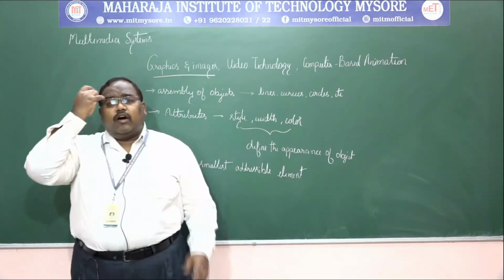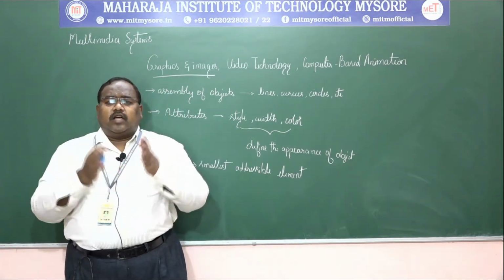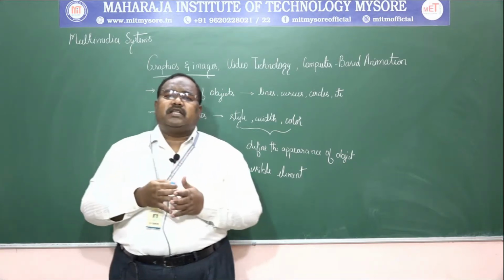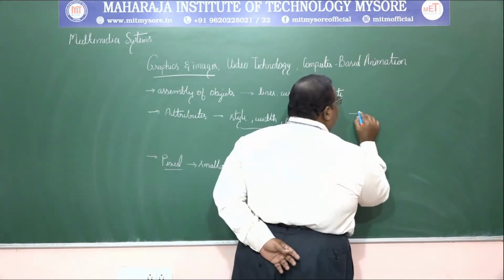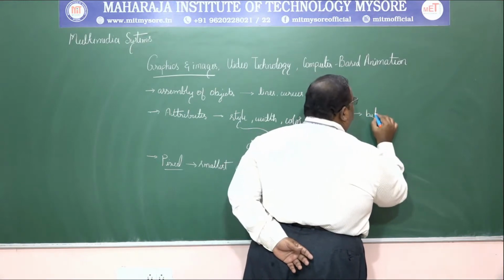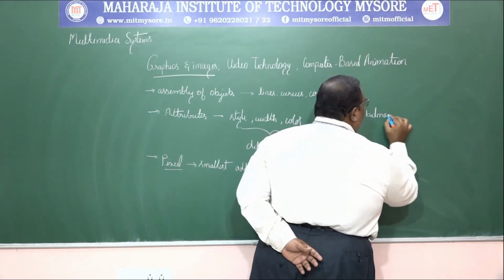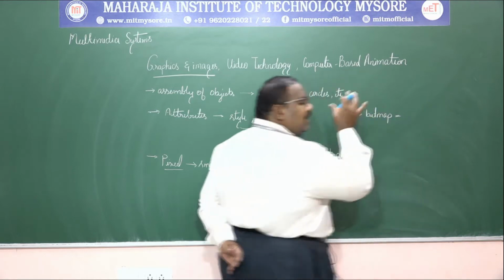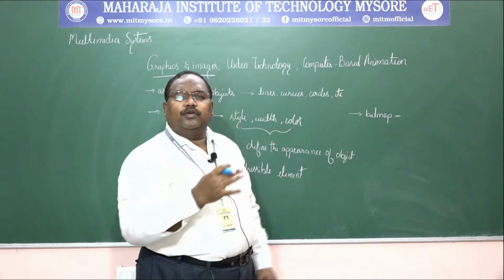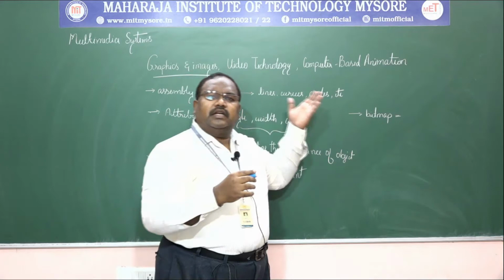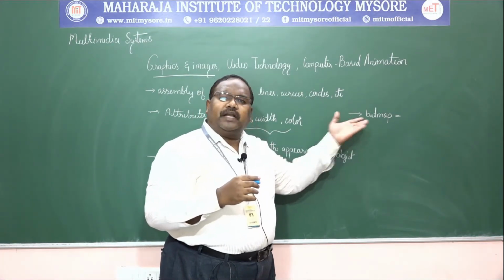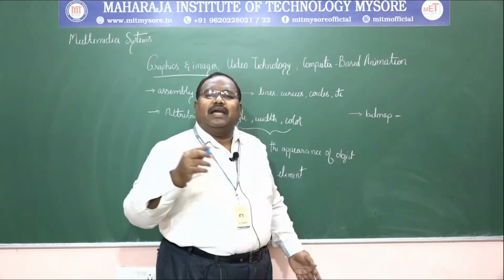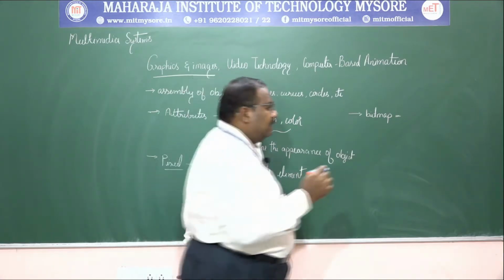Now the array, the set of these pixels, is said to be the bitmap. This name is very familiar when we talk about the attributes of multimedia. We have seen the different types of images where we discussed this word called bitmap. Then what is a bitmap? It's an array or a set of pixels.